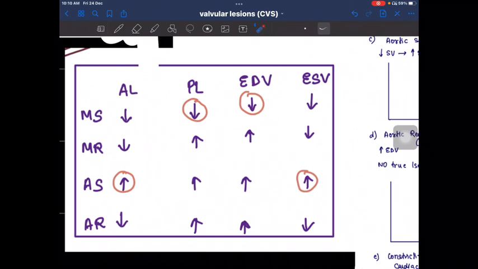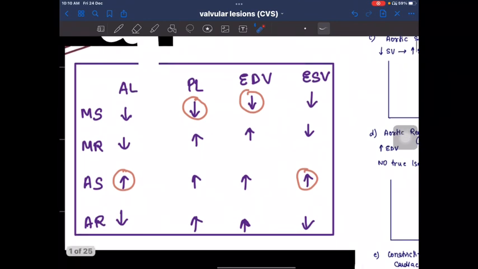Okay, I have given you the trick, and I would like you to work out this chart on your own. I'll just give you one example. Okay, let's see MR. Now, afterload. We know that afterload always decreases except in aortic stenosis. All right, so it will decrease here.